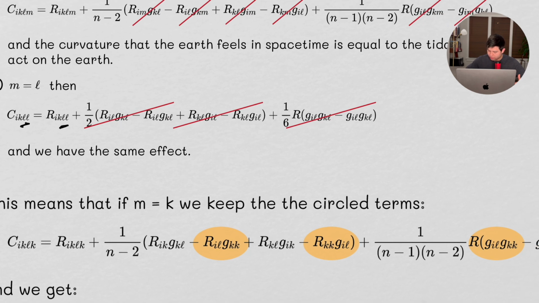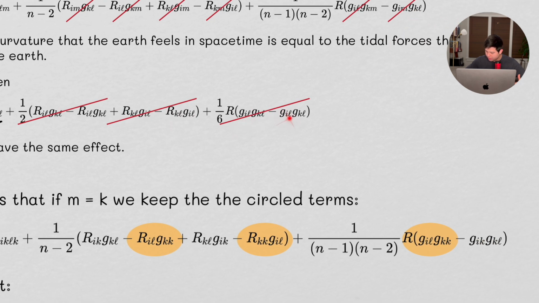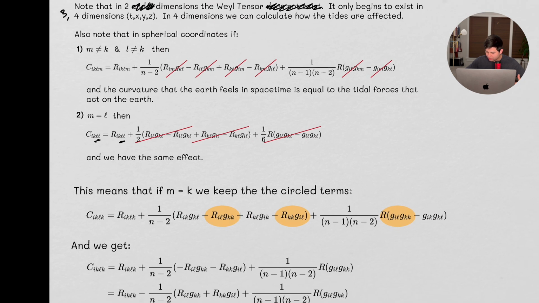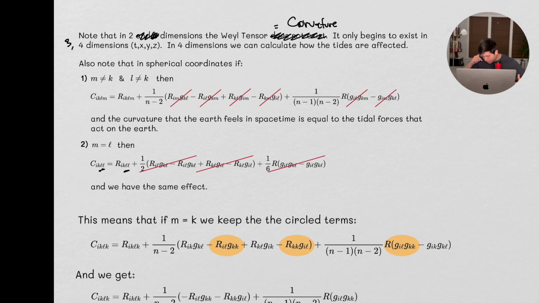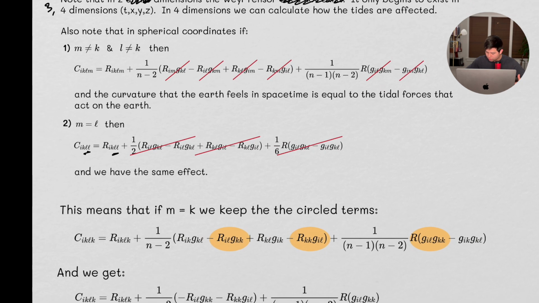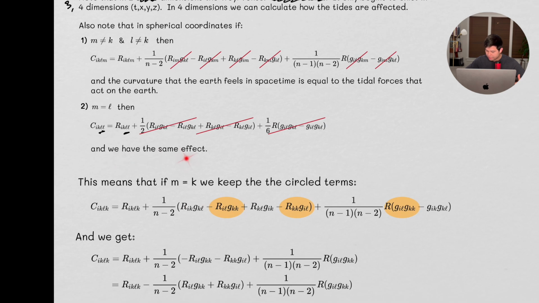Same thing for here. We have KL, KL, IL, and IL, IL, IL, KL, and KL. So these are all going to cancel, right? So what does this mean? This means we have the same effect. So nothing really changes for these two scenarios.